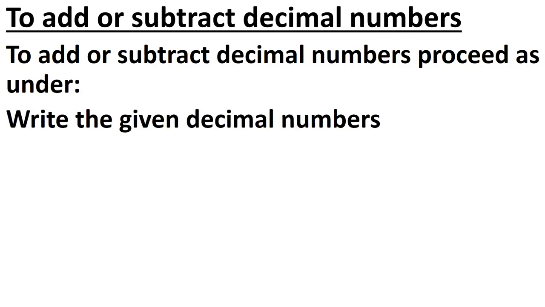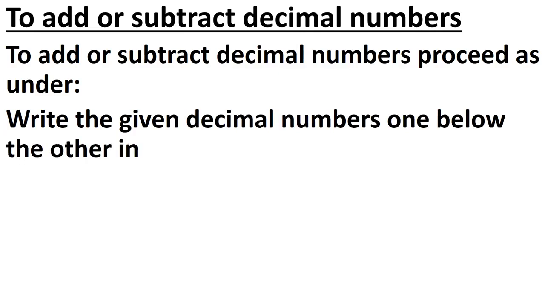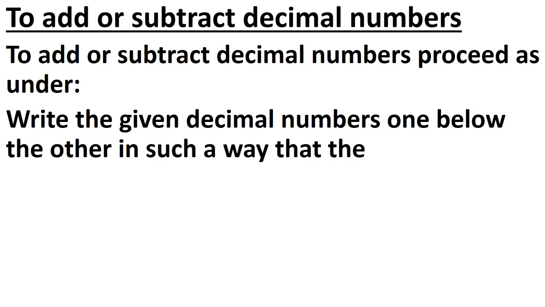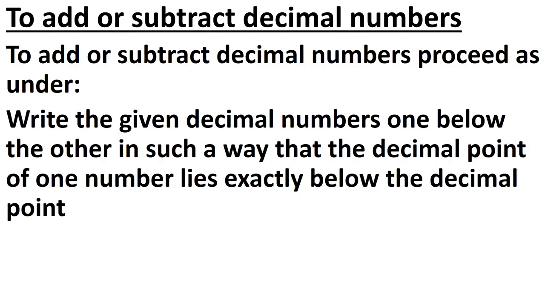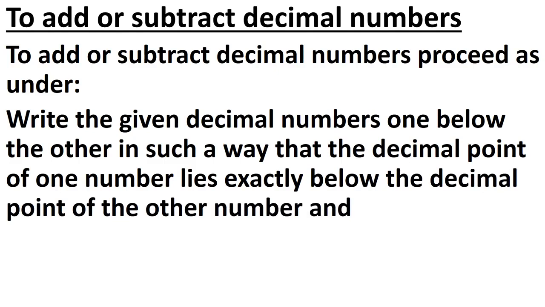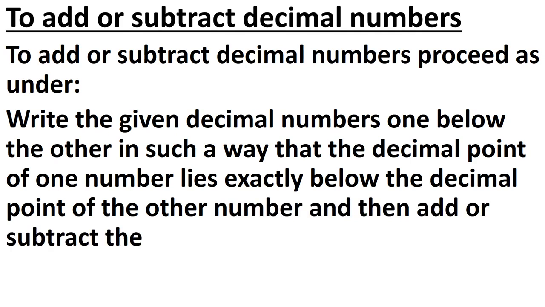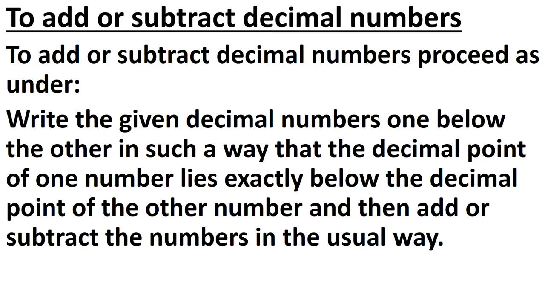Write the given decimal numbers one below the other, एक के नीचे एक, in such a way that decimal point of one number lies exactly below the decimal point of the other number. Okay. And then add or subtract the numbers in the usual way.